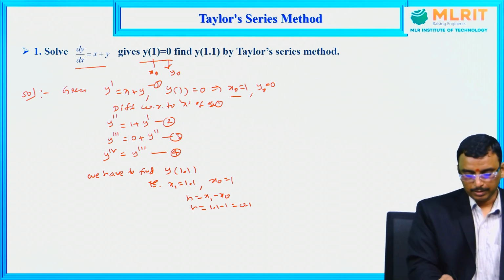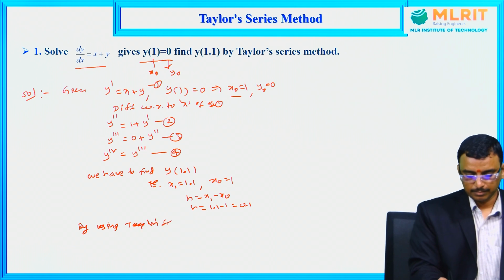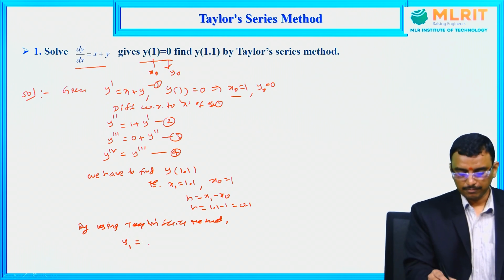Now by using the Taylor series method, we write the formula as y1 is equal to y of x1.